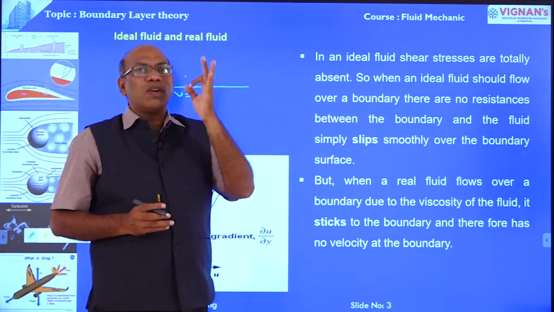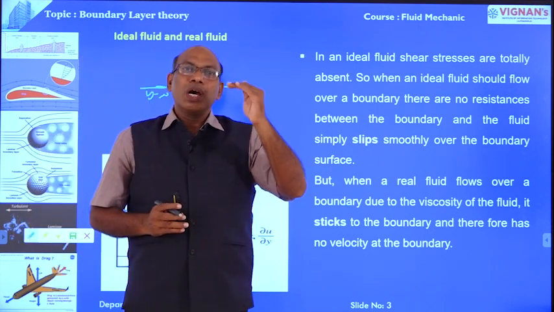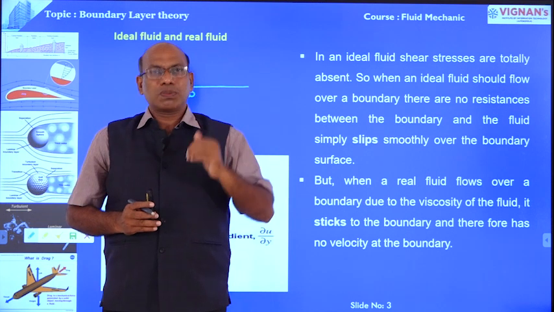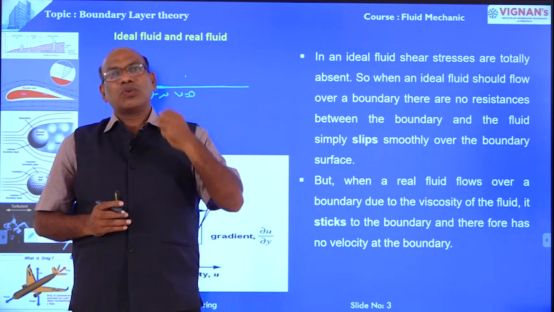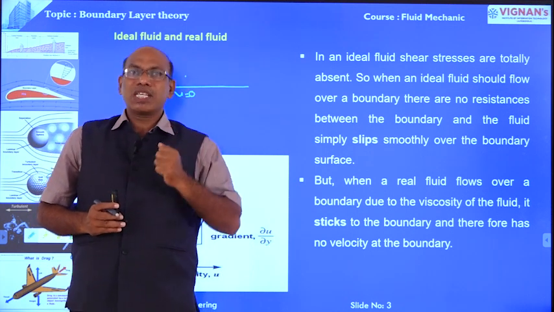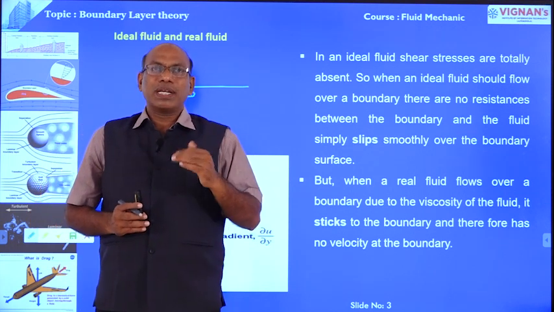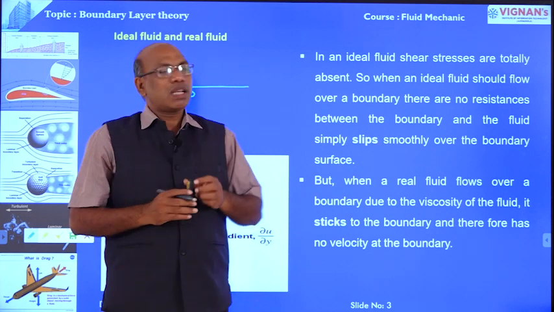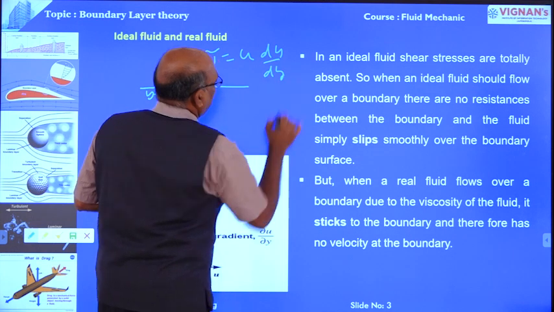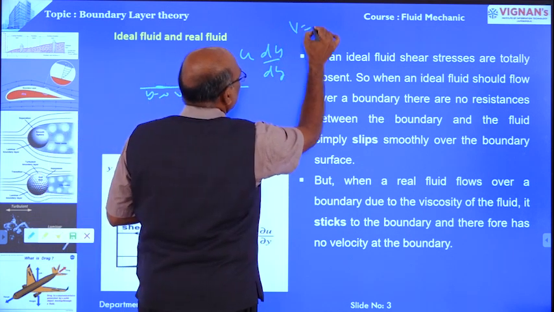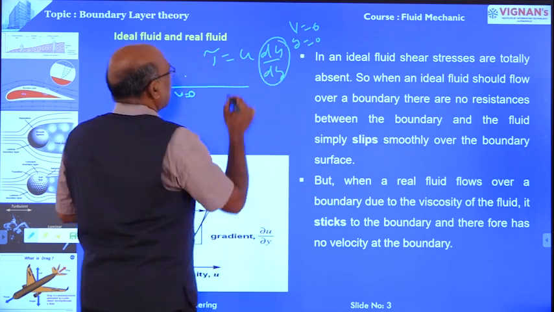Right, in the case of ideal fluids, there is no contact between the fluid and the boundary, whereas real fluids are viscous fluids that have viscosity. Therefore, real fluids stick to the solid boundary, and at y equal to 0, the velocity over the boundary is 0. Since tau is equal to mu into du by dy, and velocity is 0 over the boundary, there is automatically no shear stress.